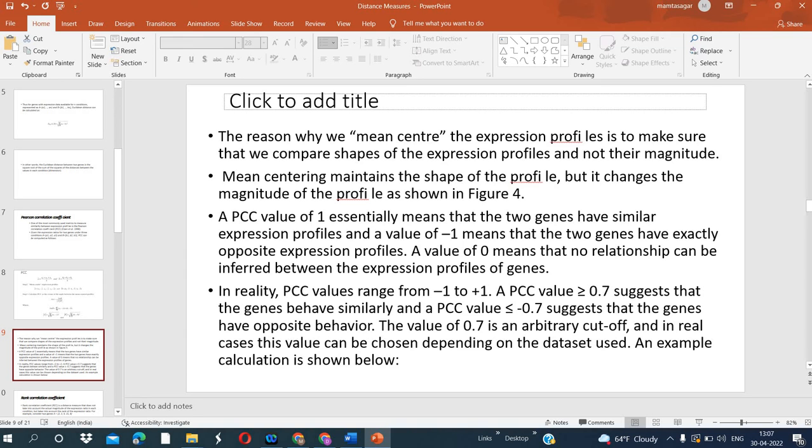A PCC value of 1 essentially means that the two genes have a similar expression profile. Genes that have similar expression profiles will be depicted by 1. This is an easy method to depict them. A value of minus 1 means that the two genes have exactly opposite expression profiles.